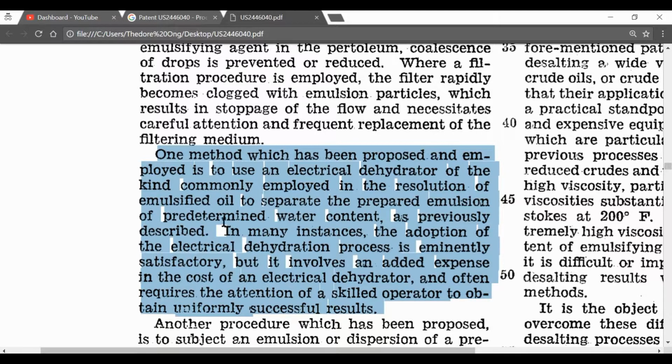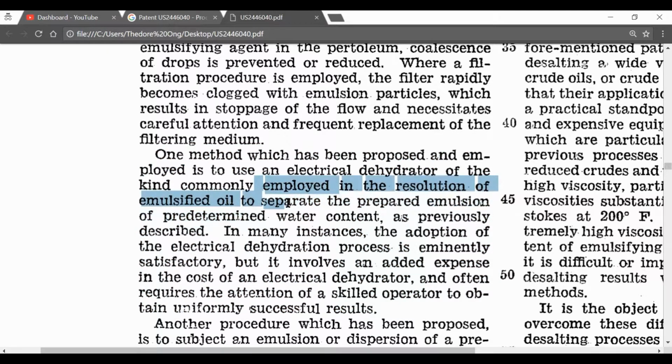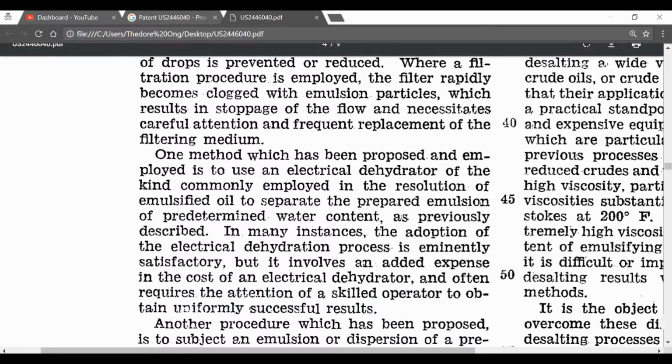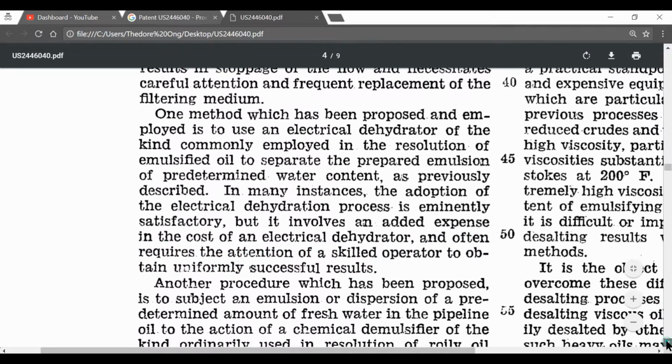So what does it say? It's employed in the resolution of emulsified oil to separate the prepared emulsion of predetermined water content, as previously described. In many instances, the electrical dehydration process is satisfactory, but involves the added expense of the electrical dehydrator. So it talks about pros and cons of this dehydrator.